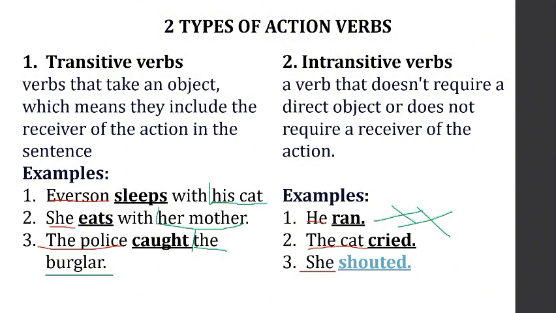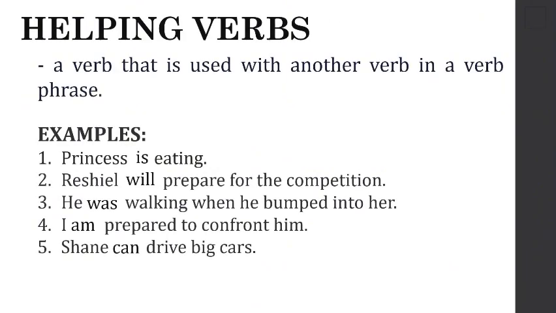The next type of verb is the helping verb. A helping verb is a verb that is used with another verb in a verb phrase. So a verb that is used with another verb means that sentences that use helping verbs have not only one verb but two verbs.